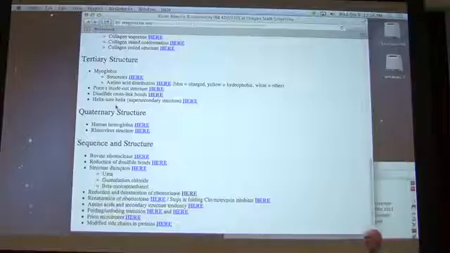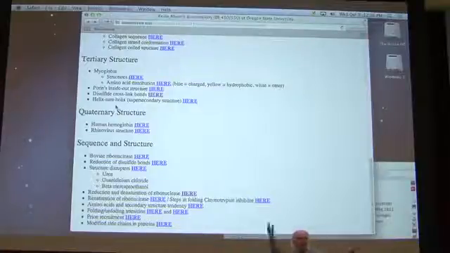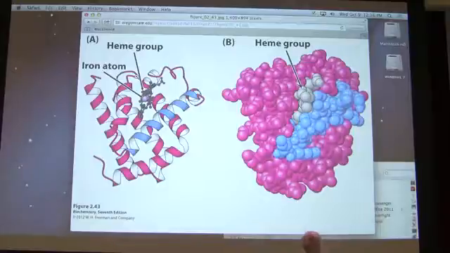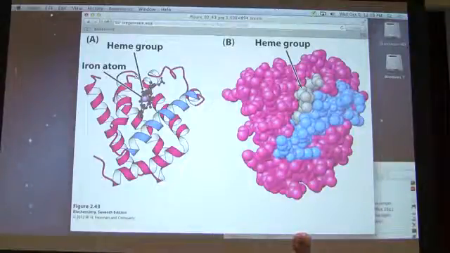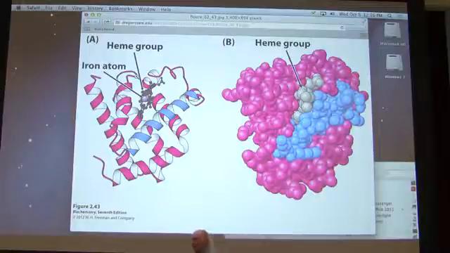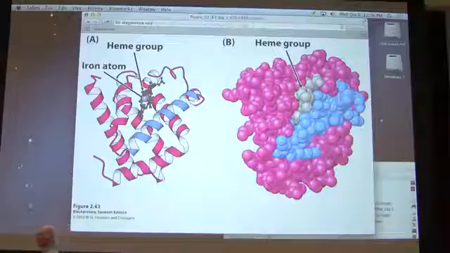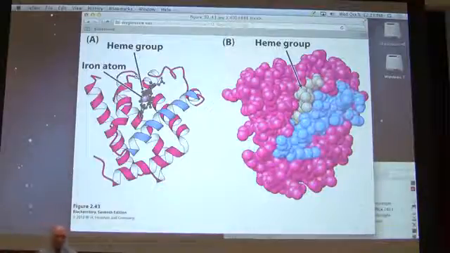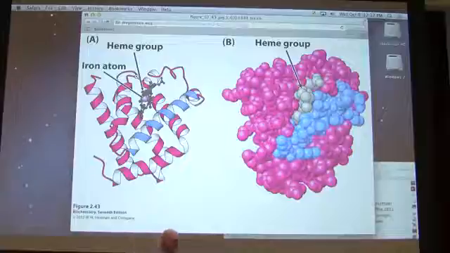Tertiary structure interactions are happening between amino acids that are farther than 10 amino acids away, because if I have a very large and folded protein like I have with myoglobin, I could imagine that this might be amino acid number 6 right here, and this might be amino acid number 60 over here, and that's more than 10 amino acids apart, yet they're close enough to interact, and that interaction helps to stabilize them. So tertiary structure interactions are happening between amino acids that are not close in primary sequence.